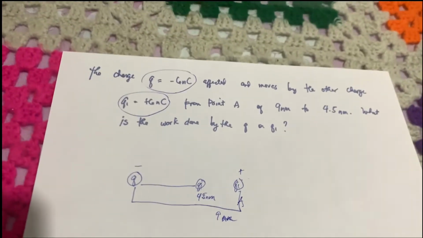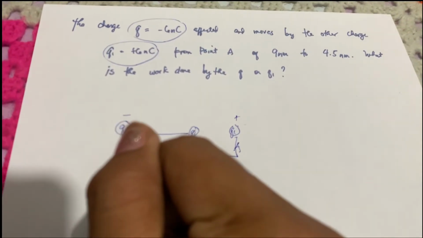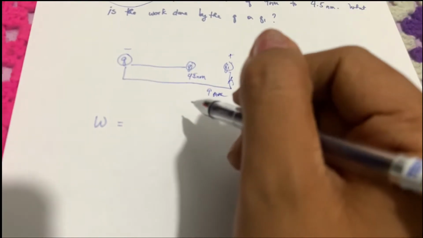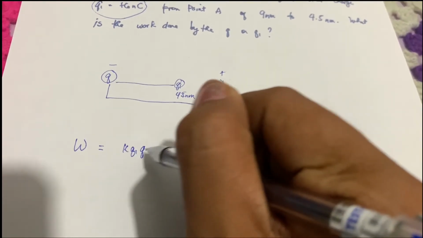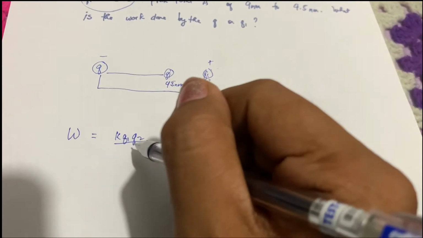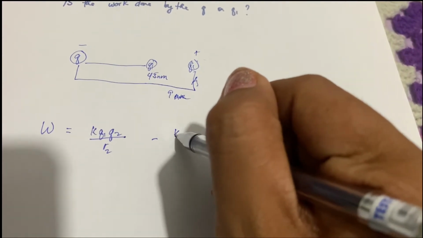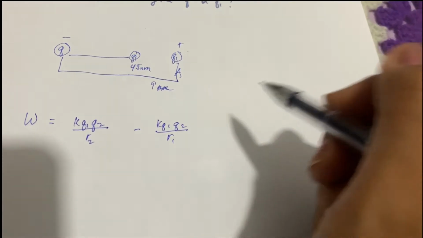So, it looks like this. Remember, our formula for work is Q1, Q2 over R2 minus Q1, Q2 over R1.